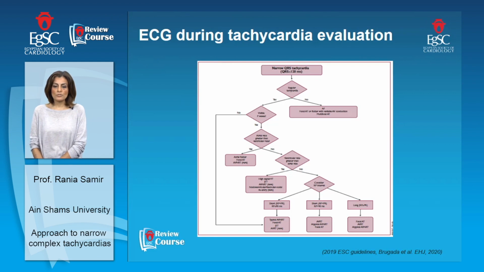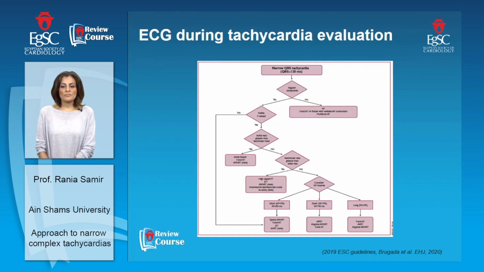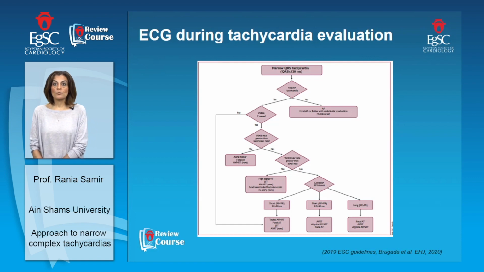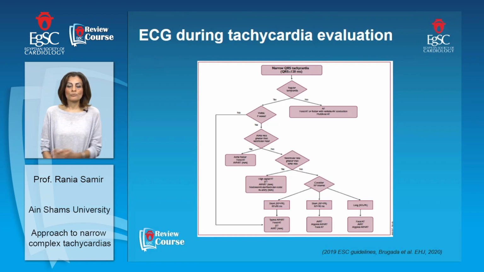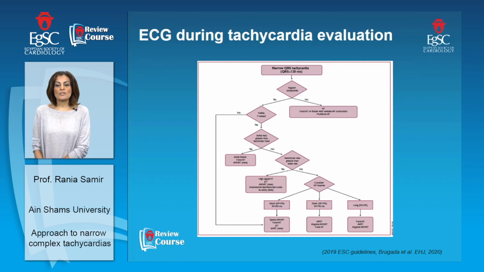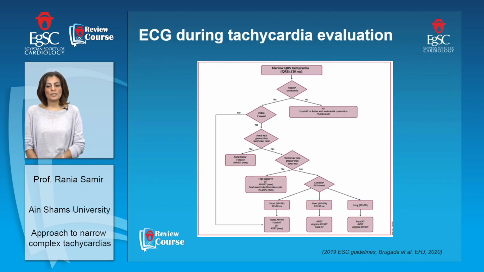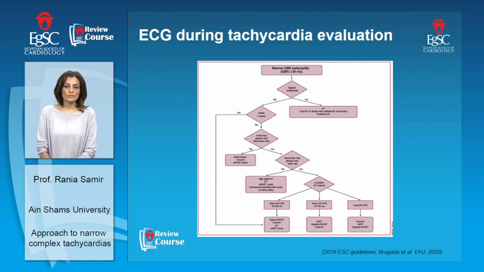This is the most likely diagnosis, or a focal atrial tachycardia, or junctional ectopic tachycardia, and rarely AV reentrant tachycardia. But if it's a short RP interval, more than 90 milliseconds, it's most probably AV reentrant tachycardia or an accessory pathway tachycardia. Less likely it's an AV nodal reentrant tachycardia or focal atrial tachycardia. If it's a long RP, on a pure long RP tachycardia, the most probable diagnosis is focal atrial tachycardia, and it might be AV reentrant or atypical AV nodal reentrant tachycardia.